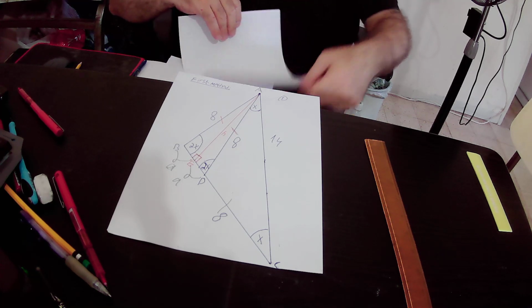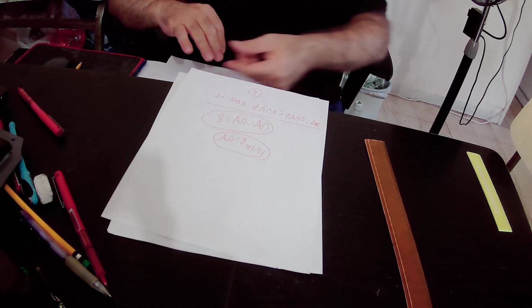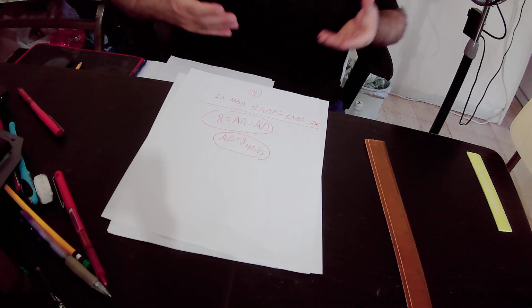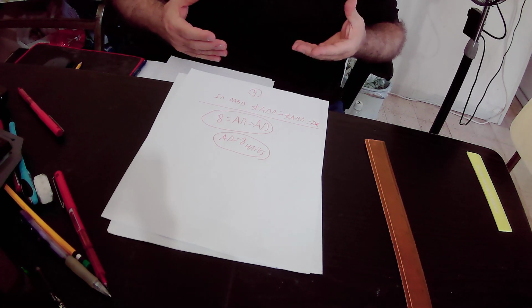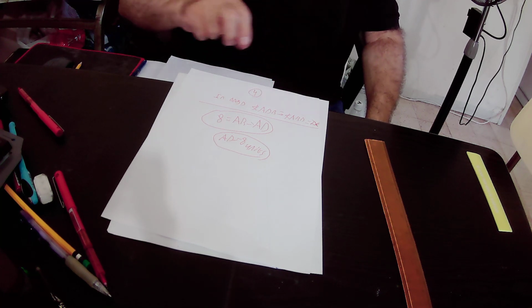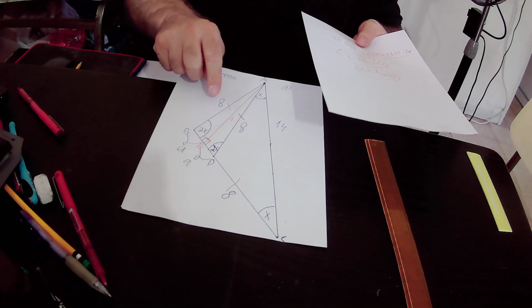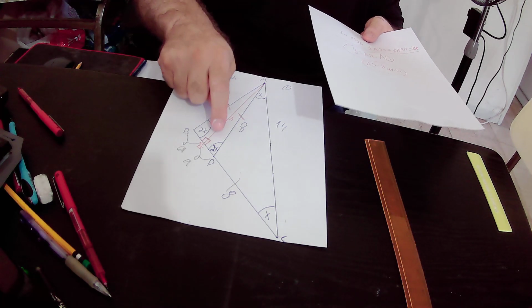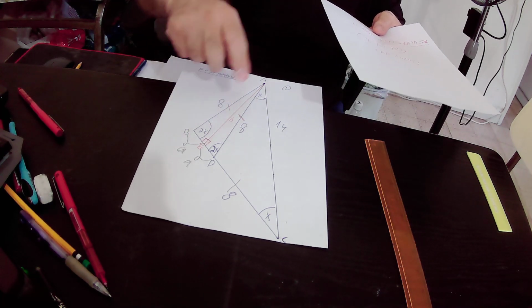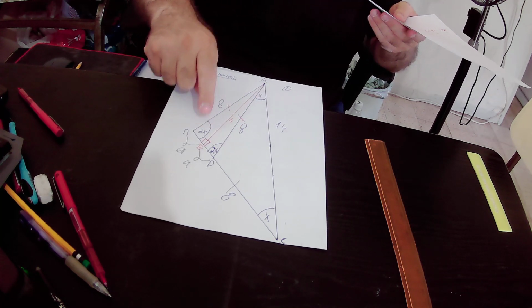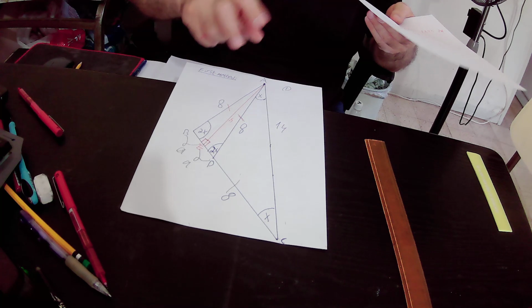According to rule number 1, AB equals AD because in front of equal angles we have equal sides. AB is in front of this angle 2x, and AD is in front of this angle 2x, and they are equal to each other.